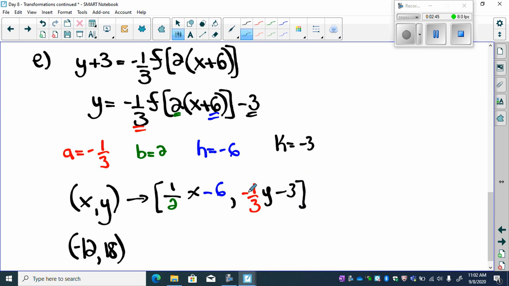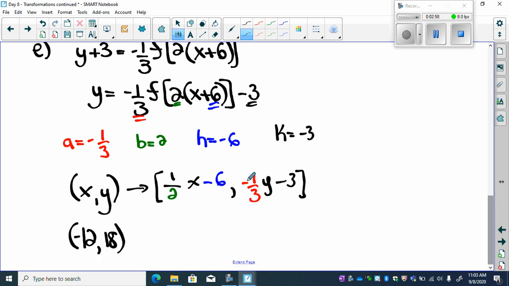The only time I leave this negative out is when I'm asked to verbalize the stretch factors. When you're making your mapping rule, be sure to include the negatives.